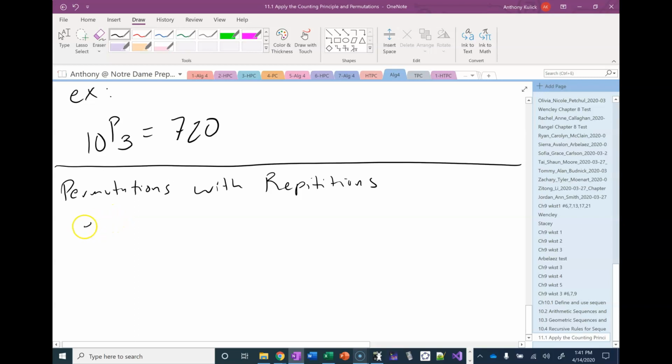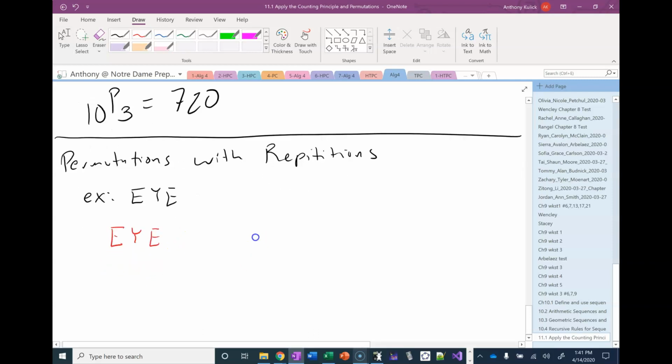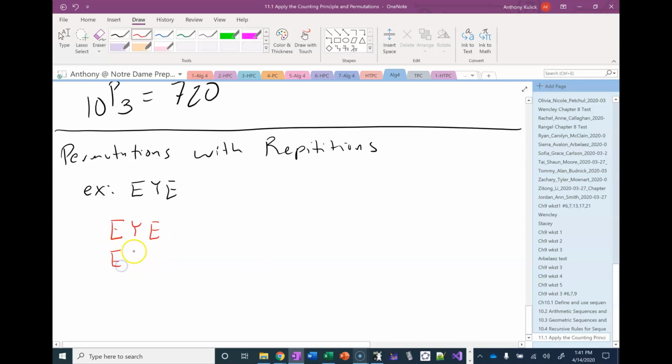So for example, let's say how many different ways can we order the letters that make up the word EYE? Well, we could have E, Y, E. We could have E, E, Y. Can we have Y, E, E?